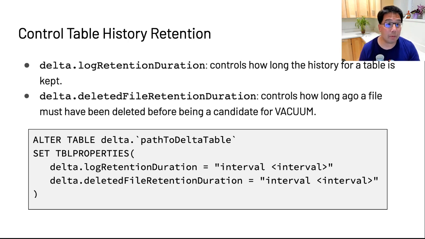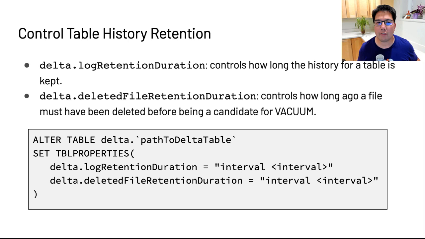Another example is deleted file retention duration, which controls how long ago a file must have been deleted before it's a candidate for vacuum. Remember, when we delete, it was just a tombstone, and we simply created new files. Now that it's been deleted, it's an older file, but what we're saying is that you're going to run a vacuum. That's a command that you run to clear out the older files.